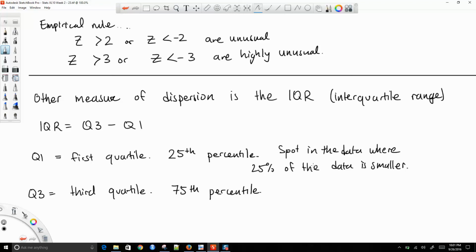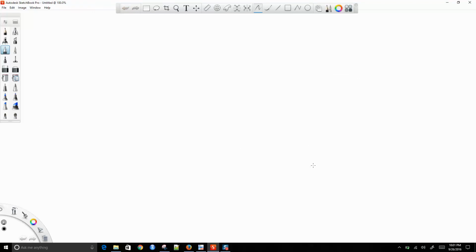Well, let's say we have a set of numbers. To find the quartiles, you first find the median. And then use the median to split the list into two smaller lists.